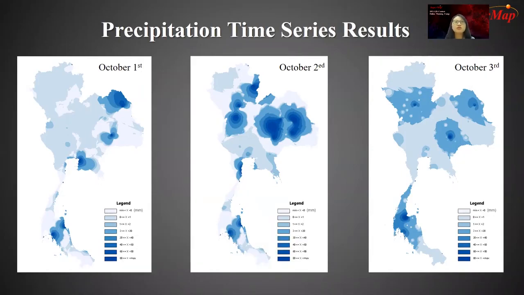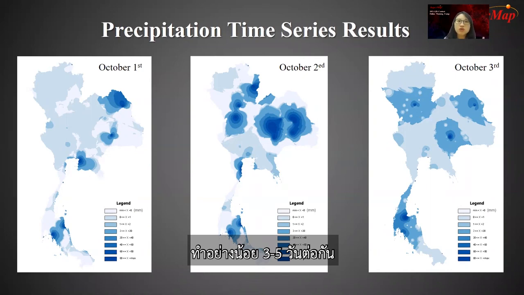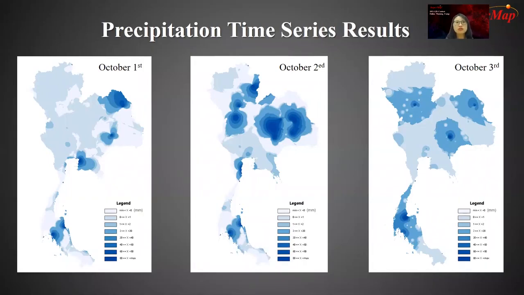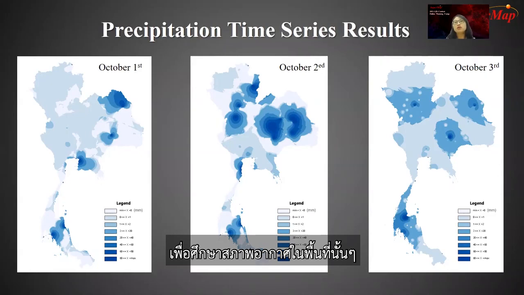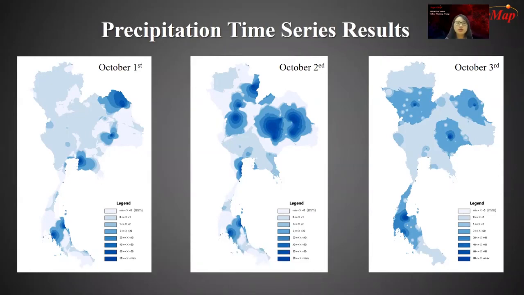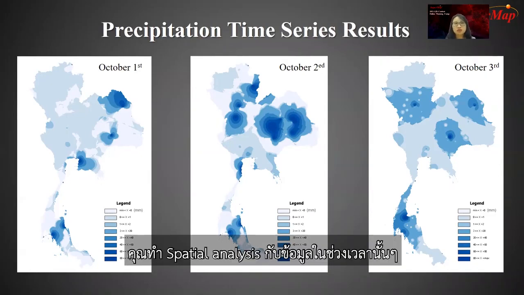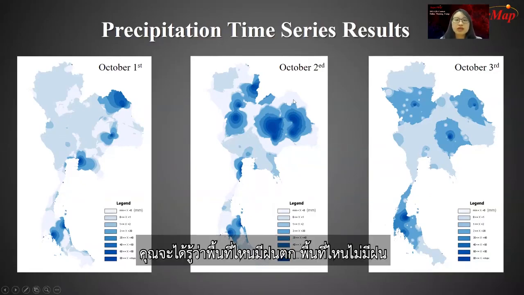Just like if you have a holiday of about 2 or 3 or 5 days, and you want to go to some cities and want to know the climate of this area, you can create a series of spatial analysis results of these days, and so you can clearly know which cities are raining and which cities are not raining.